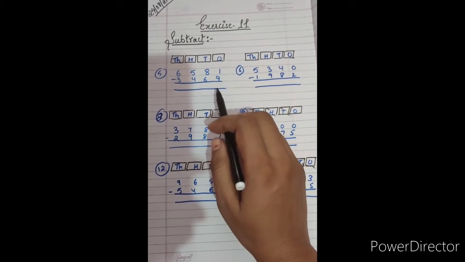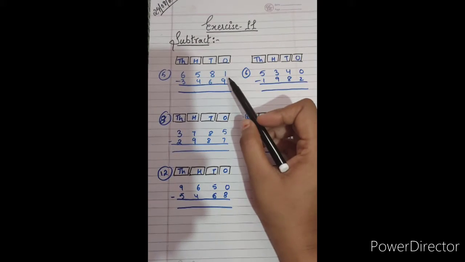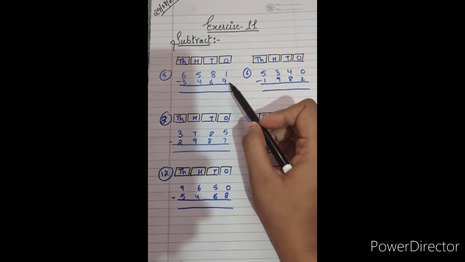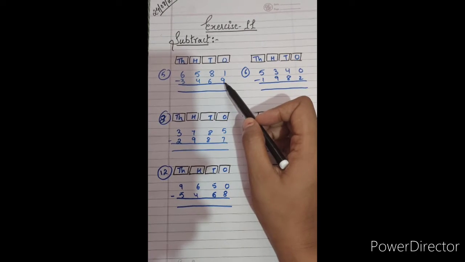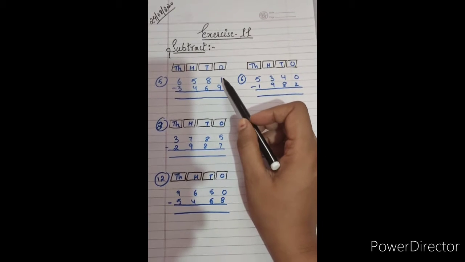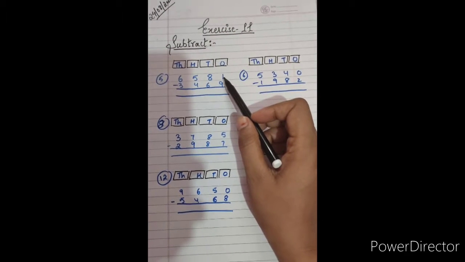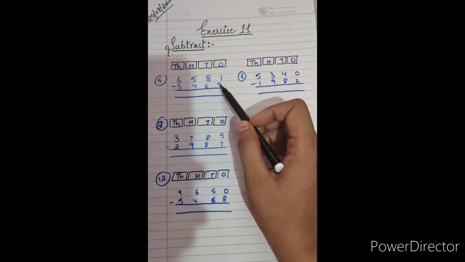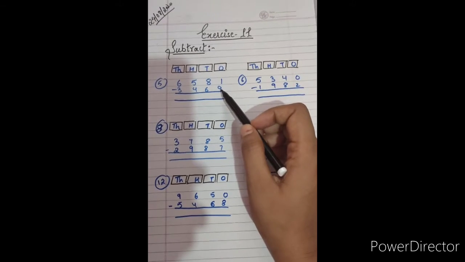Step 2 is subtracting the ones. So see the ones position, 1 or 9. It means we want to subtract 9 from 1, but it is not possible because 9 is greater than 1. Clear? Yes.